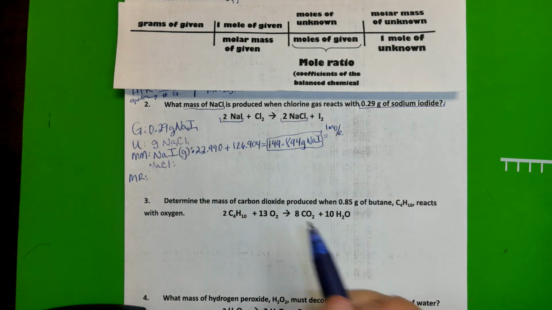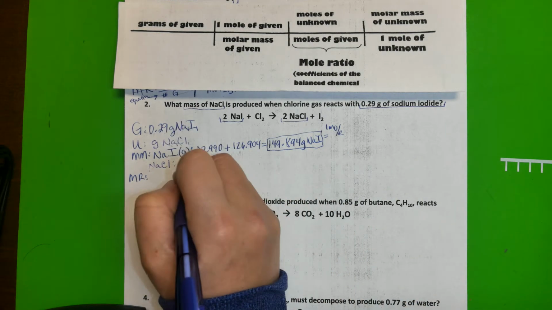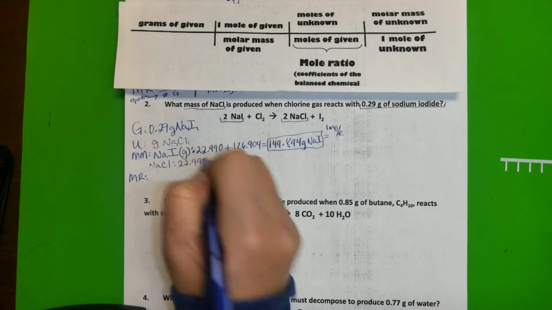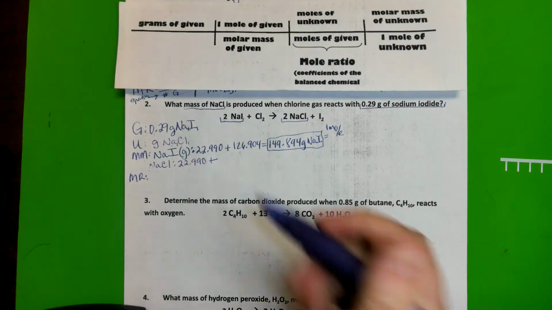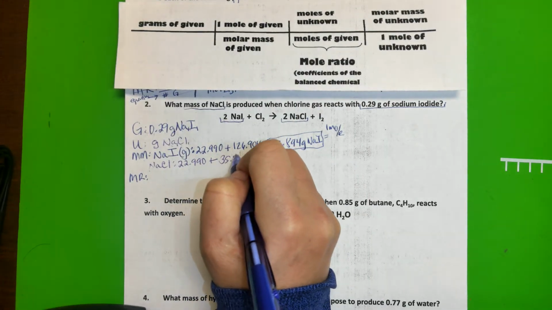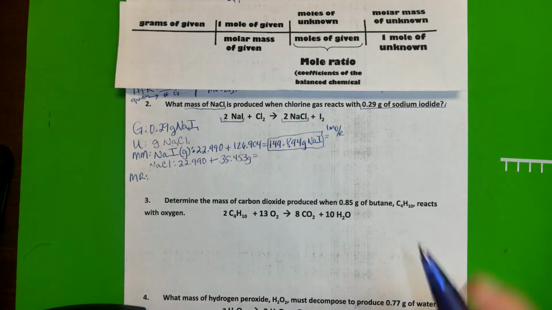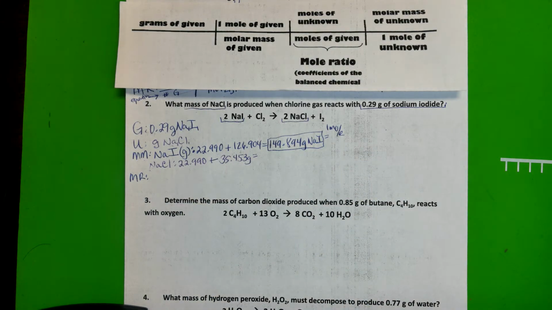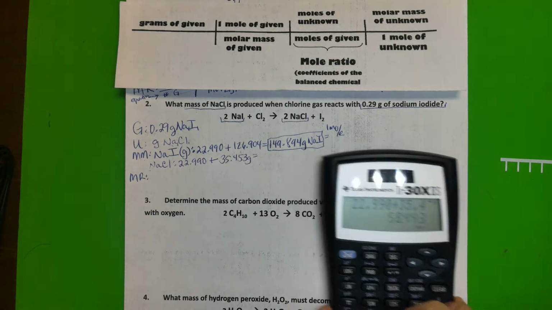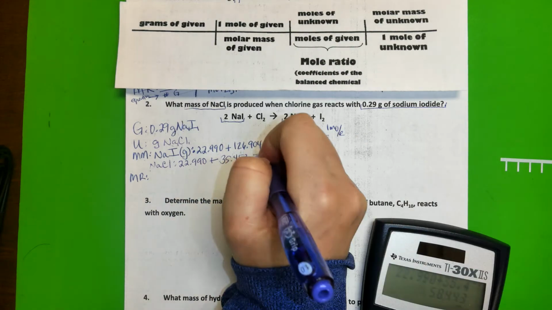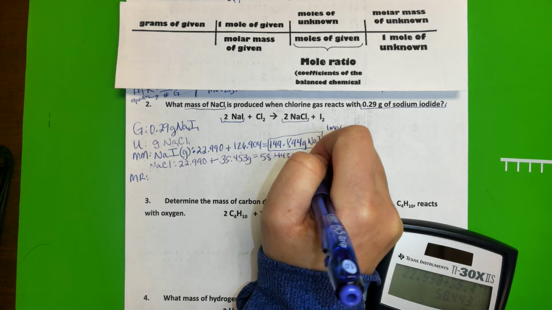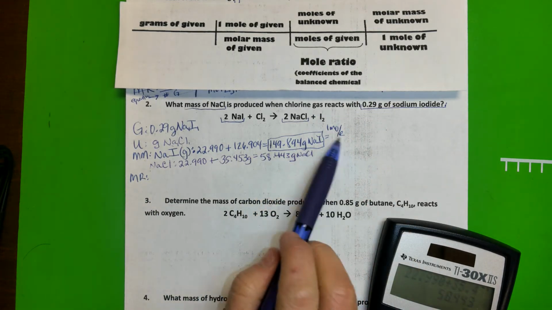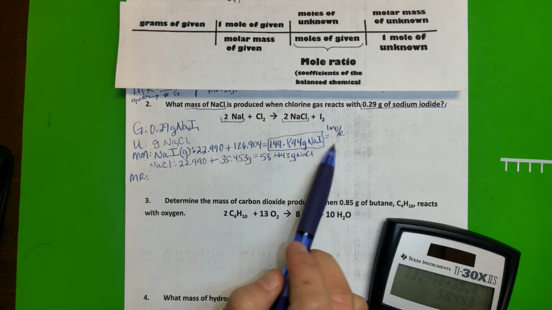Sodium is 22.990, plus chloride, 35.453 grams. 22.990 plus 35.453 equals 58.443 grams of sodium chloride. Each of these equals 1 mole.